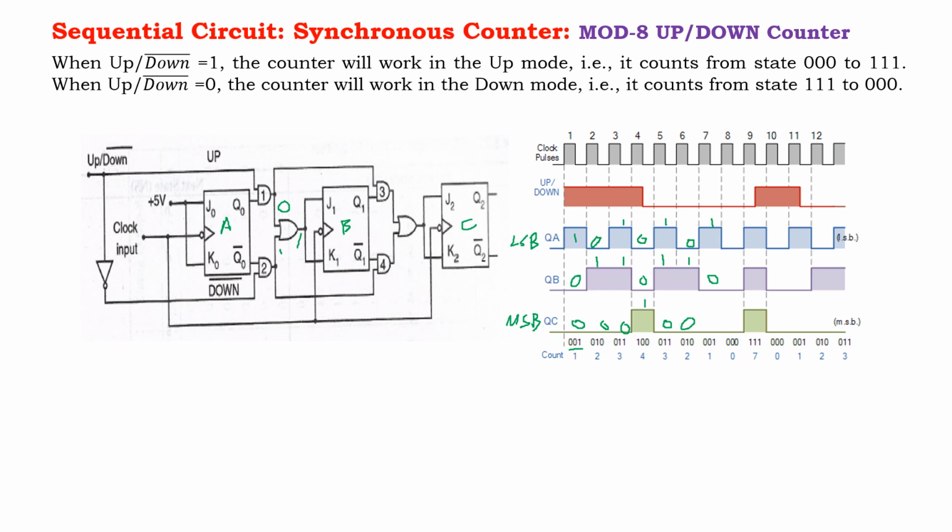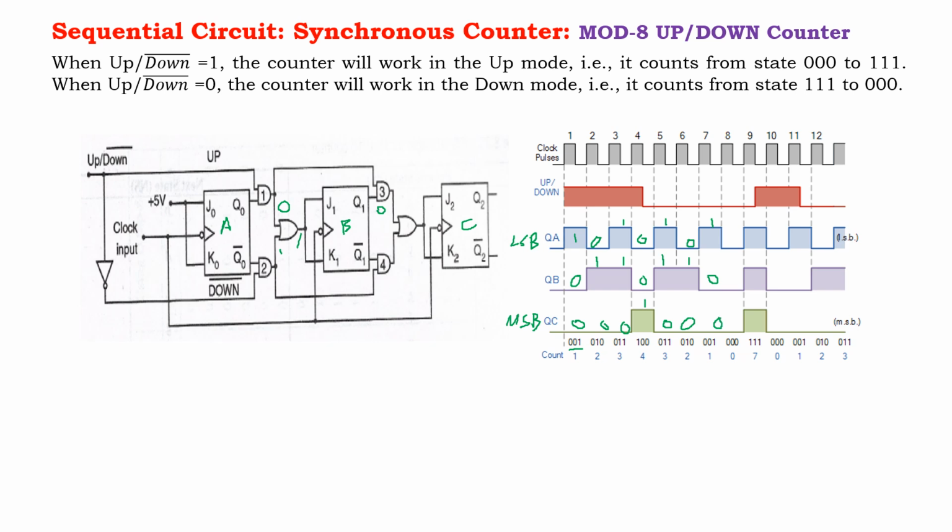So now if QB is 0 here, and this will be 0, and this is 1, but this will be 0, so 0 and 0, so this is inactive, so for this reason this is 0.